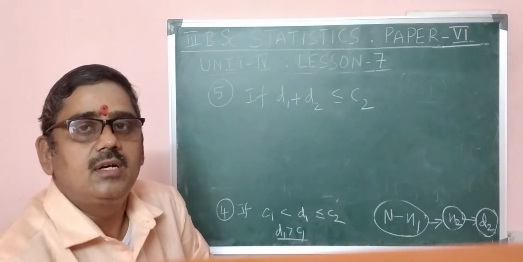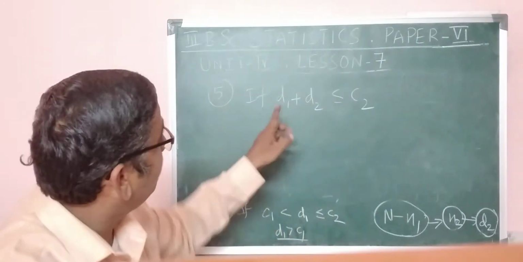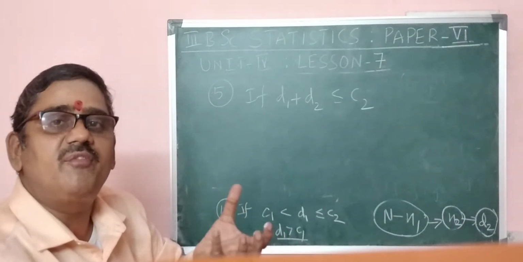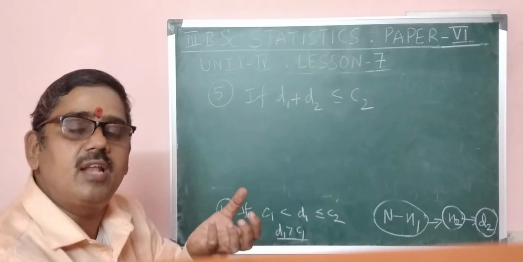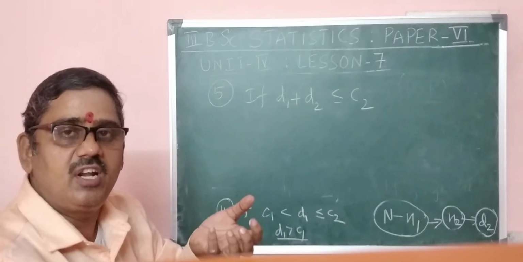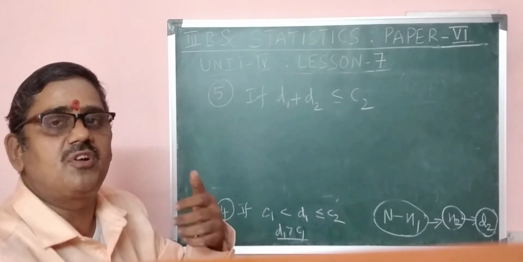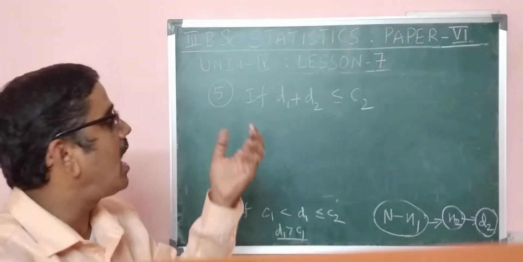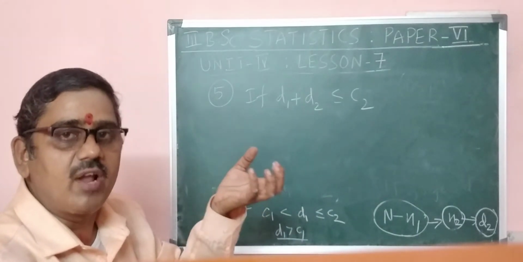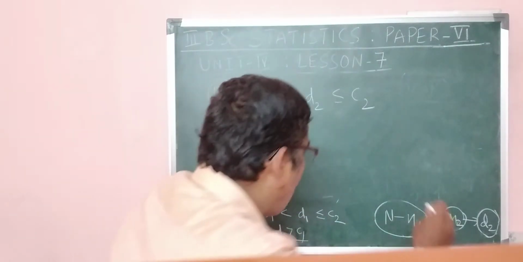Here we are taking the total number of defectives found in both samples: defectives observed in the first sample are D1, defectives observed in the second sample are D2. Now we are adding, D1 plus D2, that is defectives in both samples 1 and 2. If D1 plus D2 is less than or equal to C2, then accept the lot.